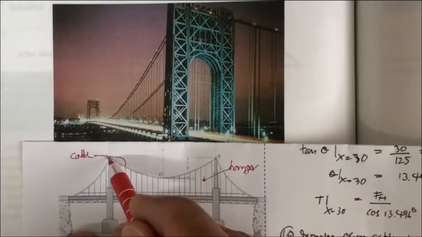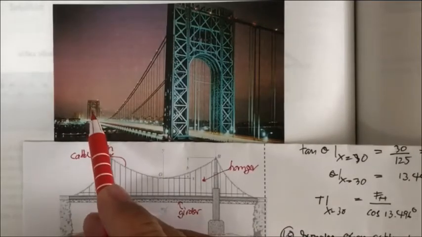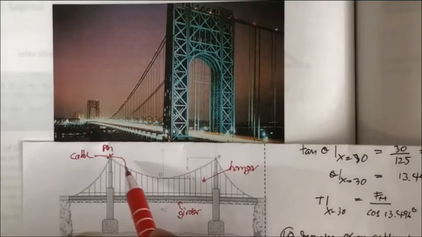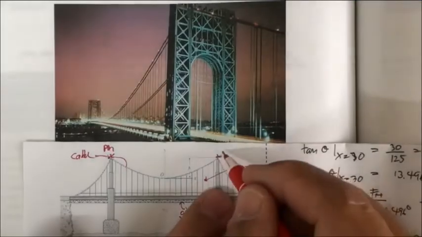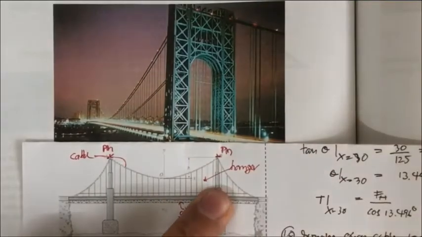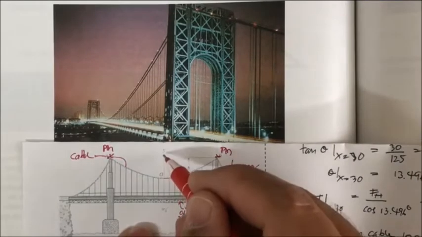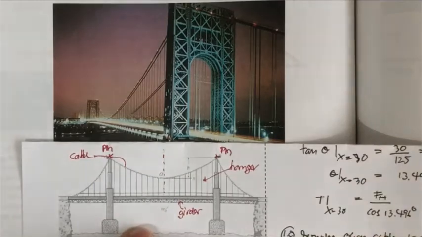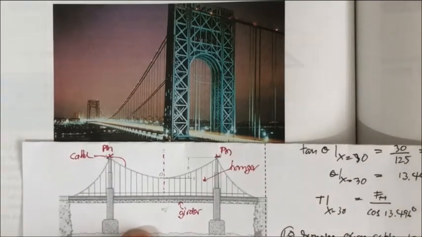The top here usually is a pin, and the cable lays itself across the span of the bridge until this point, which is also a pin. This kind of suspension bridge has symmetry at its middle span because they use the same level of support.